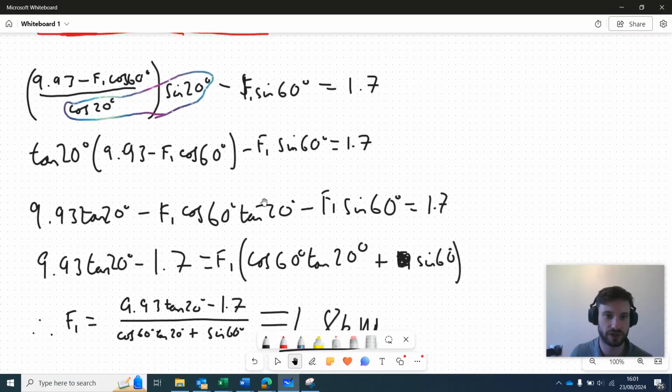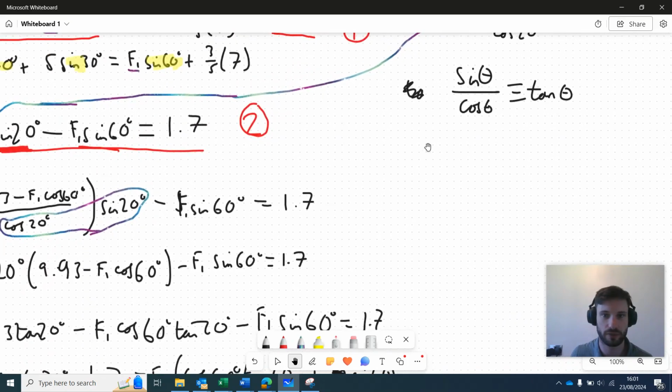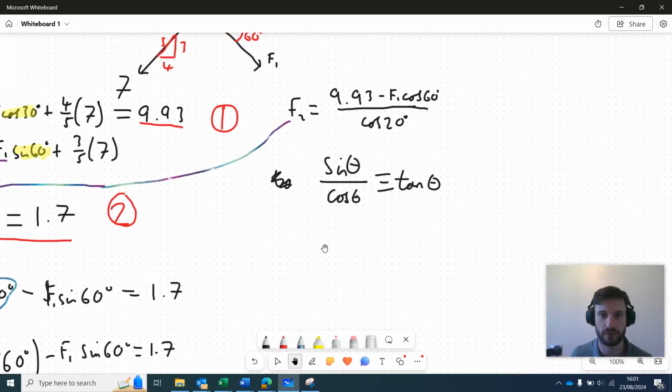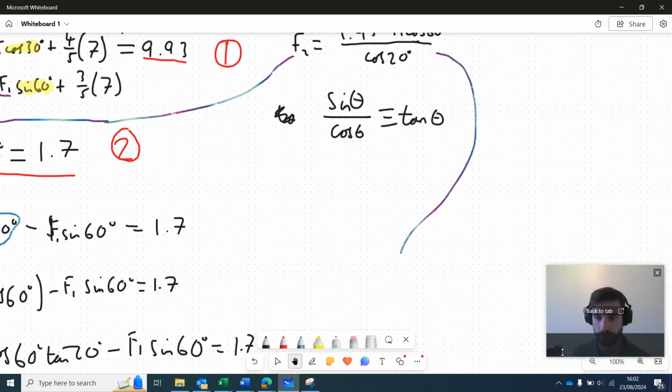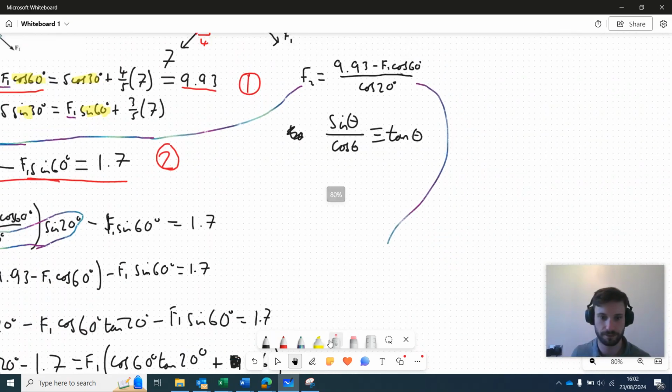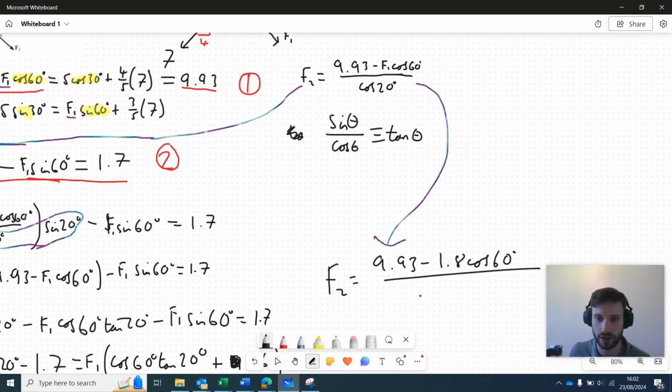Now, I expressed F2 in terms of F1 earlier. Where did I do it? I did it here. Right, so I'm just going to drag that down. Let's zoom out a bit here. So I can say then that F2 is equal to 9.93 minus 1.8 cos 60 all over cos 20.